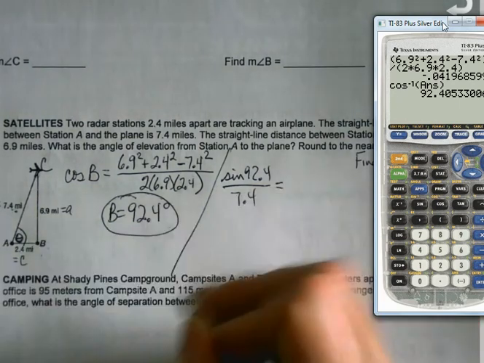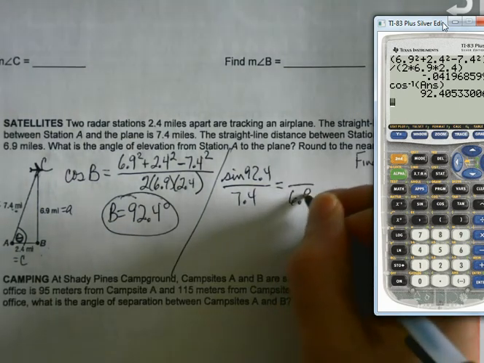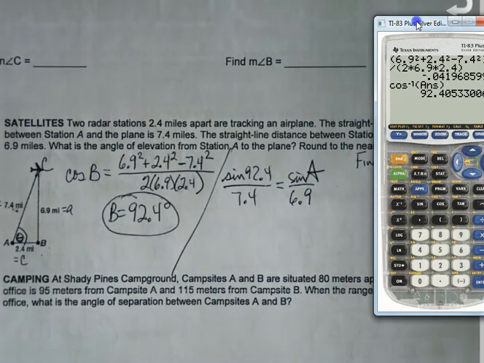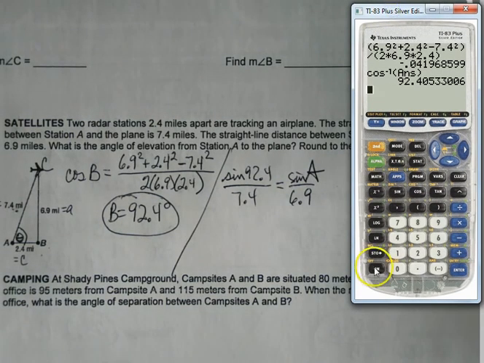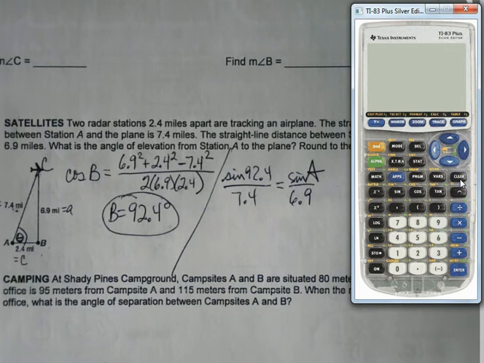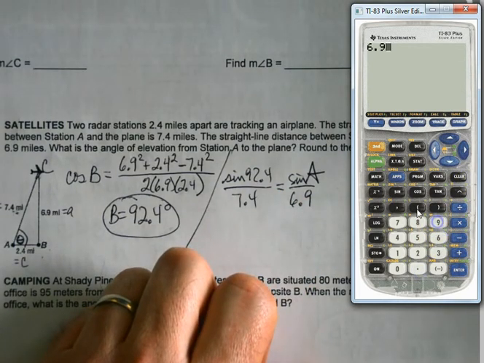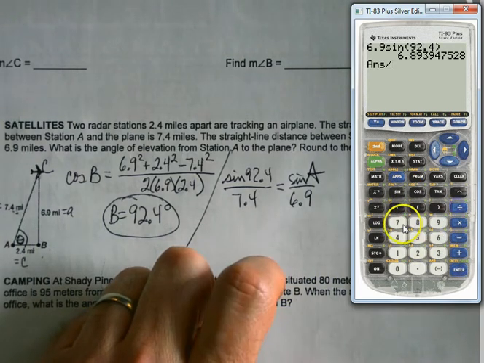And if I want to find A, I'm going to go ahead and find A now. So once I get that set up again, do my cross multiplying. Oops, I forgot to do my dividing before I did that. That's okay.